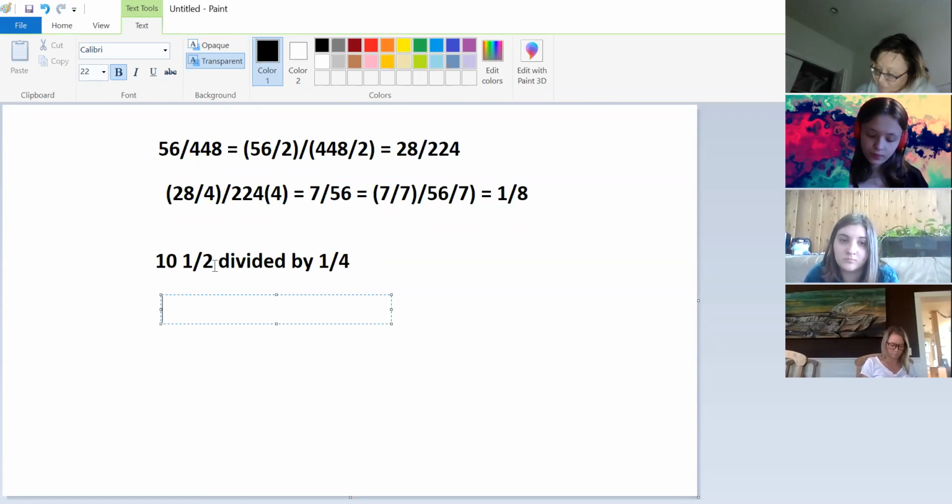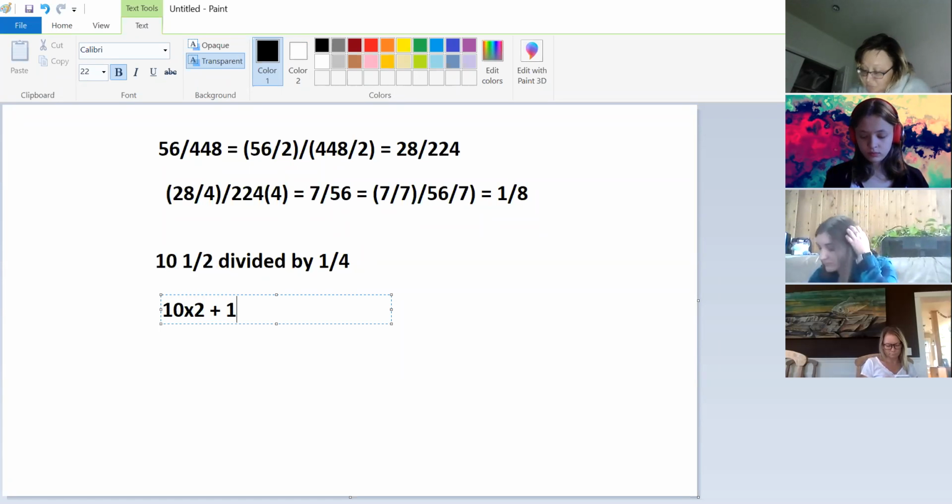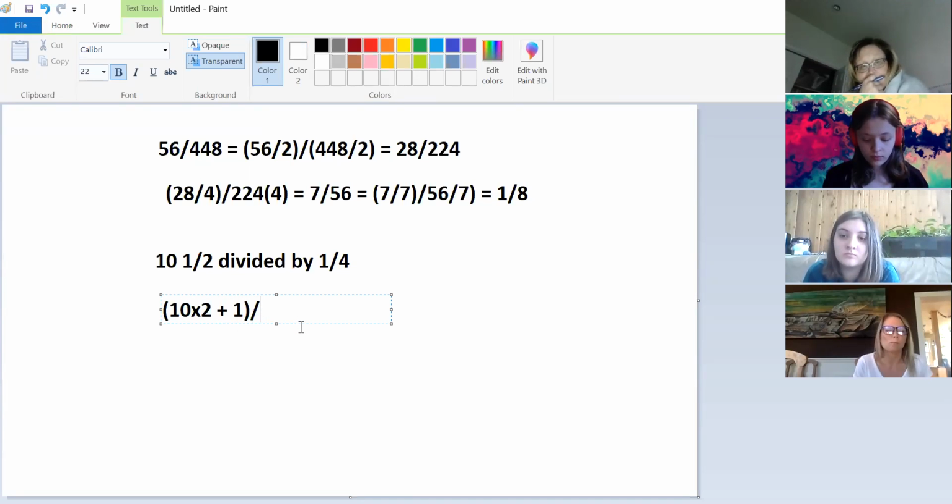How do we do that? 2 times 10 is 20, plus 1. So it'd be 10 times 2 plus 1, and that whole thing divided by 2. I'm doing it the old way, I guess. That's going to be equal to 21 over 2, right?